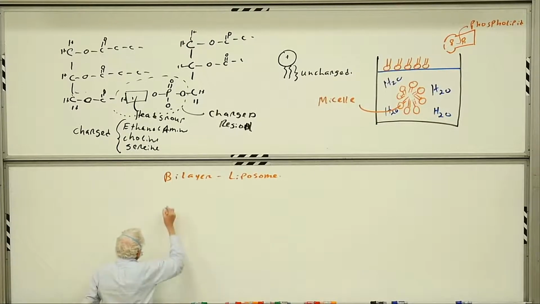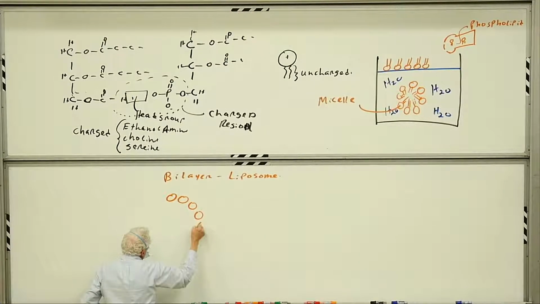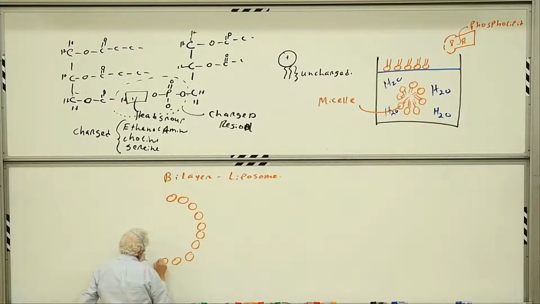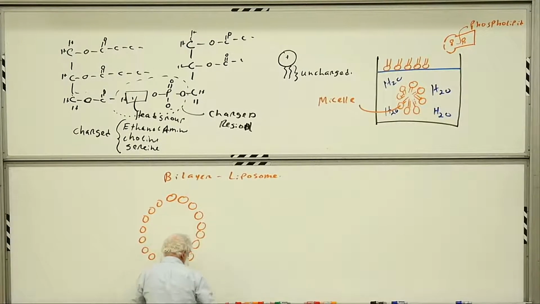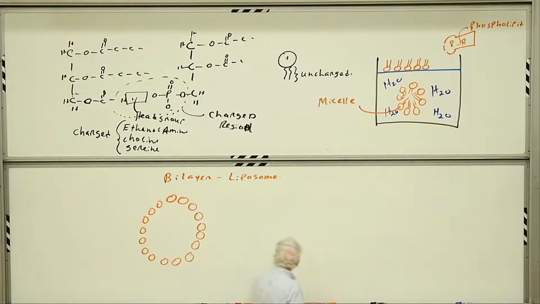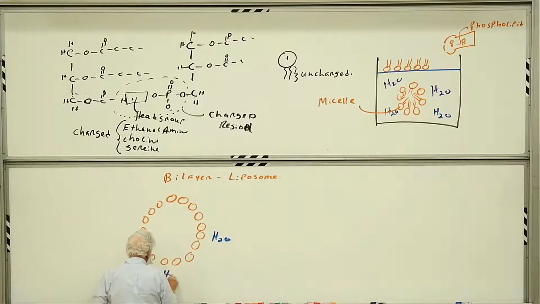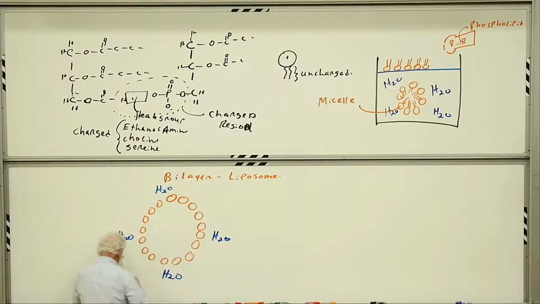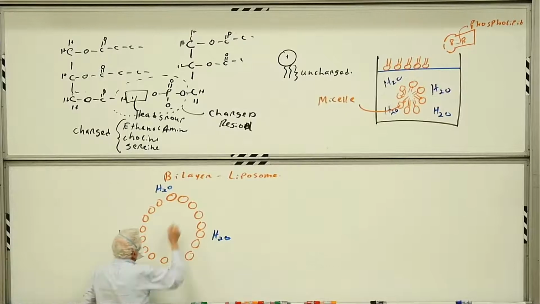But what they look like is they have a circle. I need to leave myself enough room. I hardly ever do. Those are the phosphate head groups. Out here, around the phosphate head groups, will be water. Now we know the heads are going to point toward the water and the tails are going to point away.